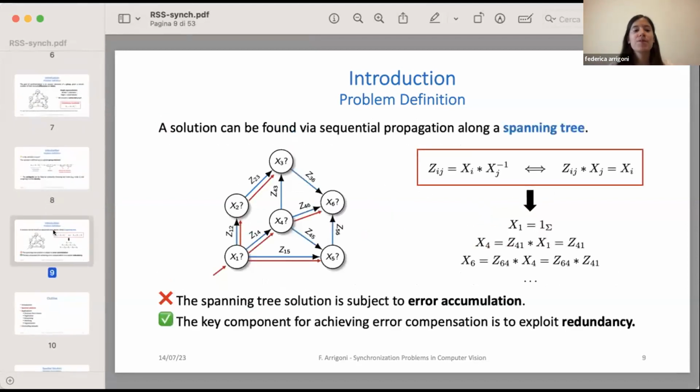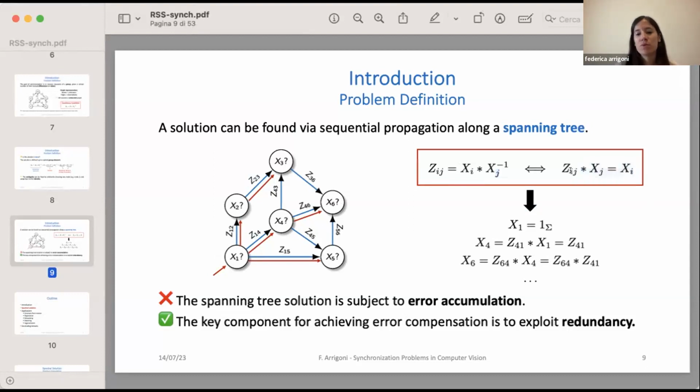The simplest way to find a solution to this problem is using a tree of our graph. And more precisely, we can fix this global ambiguity by setting the root of this tree to the identity, and then we can find a solution for the remaining nodes by propagating the consistency relation along the tree.